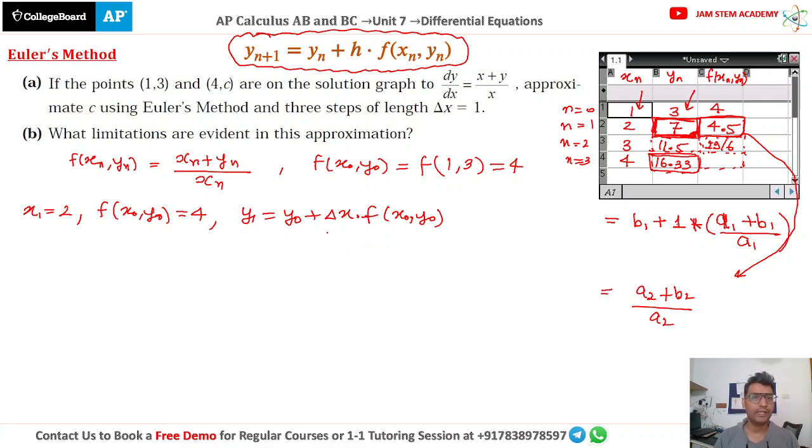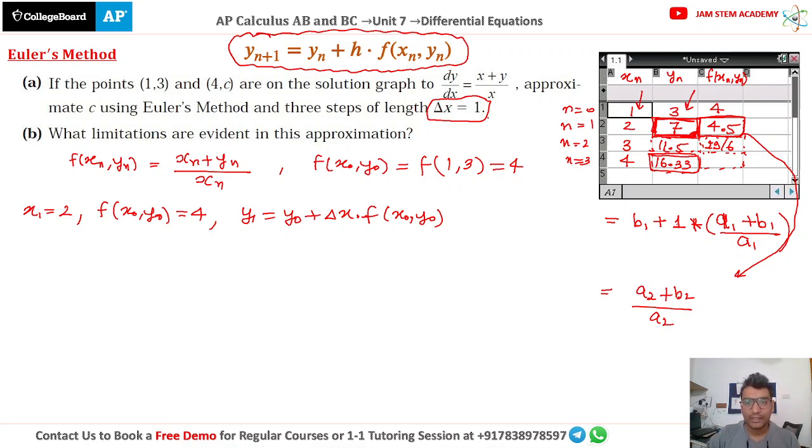Next part, limitations. What are the limitations evident in this approximation? So what do you think? What limitation is there in this particular example? Actually, the limitation is this: delta x equals 1. Delta x equals 1 is a very large value. We try to take the step size as small as possible, but it was already given to us in the question.